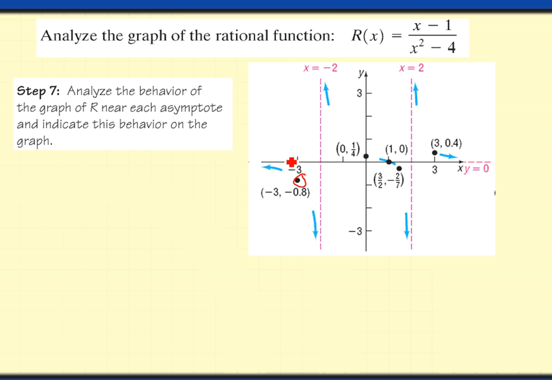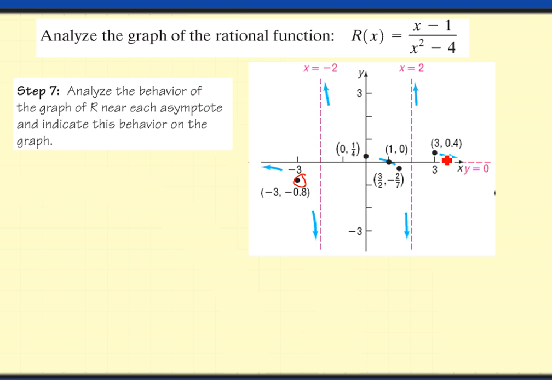And we know when we get close to a vertical asymptote, the graph has to either go down or it has to go up. And the reason we know it doesn't go up is because this is the only place it crosses the x-axis right here. That was the only x-intercept. So it can't go up, it has to go down.